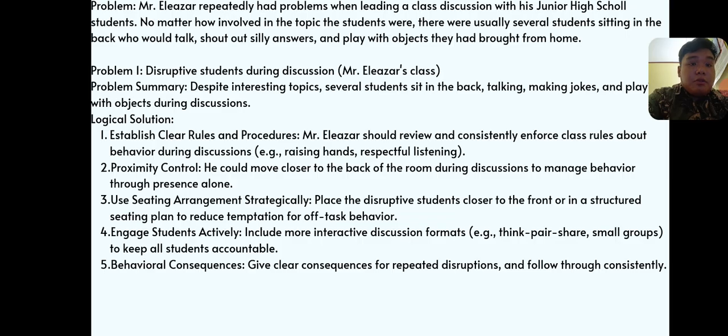Place the disruptive students close to the front or use a structured seating plan to reduce temptation for off-task behavior. Fourth is to engage students actively. Include a more interactive discussion format to keep all students accountable. The fifth is behavioral consequences. Give clear consequences for repeated disruption and follow through consistently.